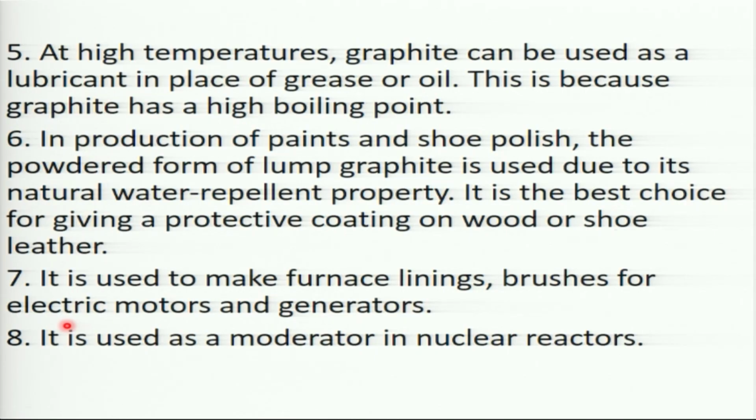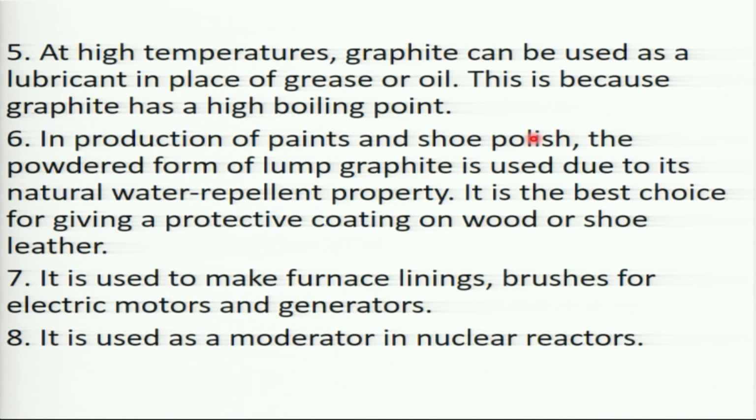All right? Good. So another use that is brought about as a result of its physical property is the production of paints and shoe polish. Use number 6: the production of paints and shoe polish.